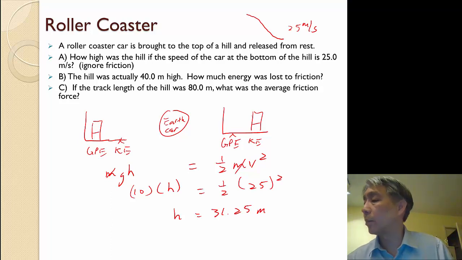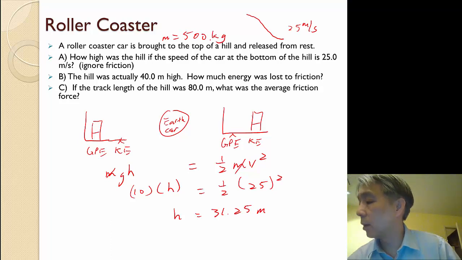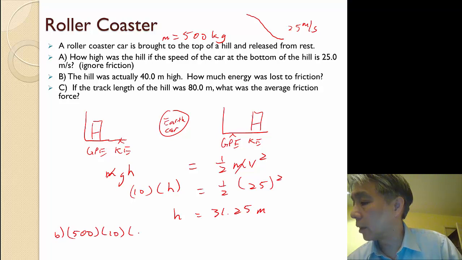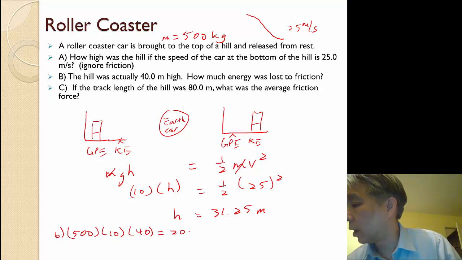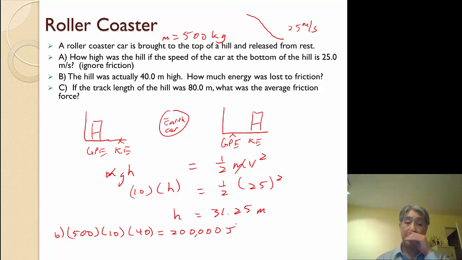Let's use a number where my mass is going to be equal to 500 kilograms. So in the beginning, for part B, I had 500 times g of 10 times an h of 40, and that's going to equal 200,000 joules.